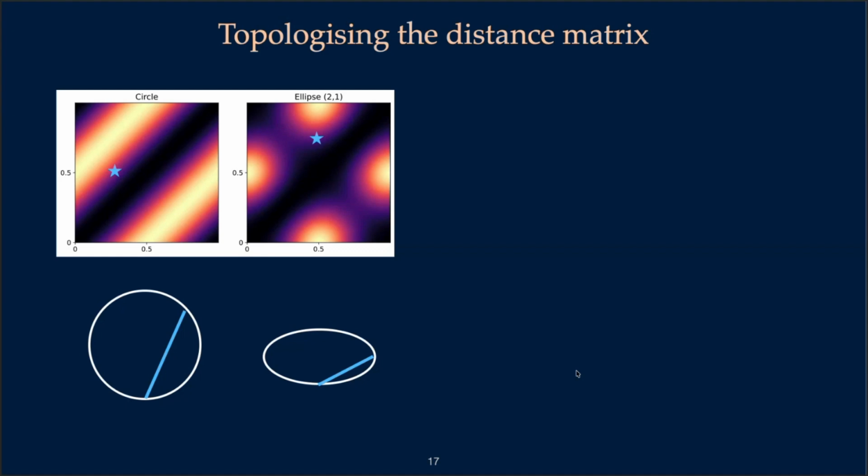It's on purpose because the default way of plotting this is the other way, right? So if you order the points along the distance matrix in the natural way, along how you order it along the circle, then you get this representation. So this is the distance matrix for the circle, and this is for the ellipse. You see, so this function already tells apart the two.